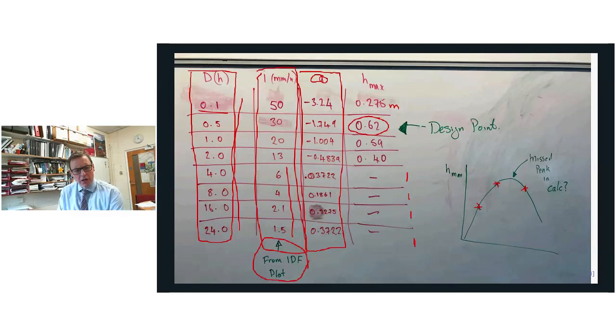The thing to note here is that by plotting Hmax against duration, you end up with this curve, and in class we spotted that this point here was the highest point. But of course what the curve tells us is that it's not the highest point, that the highest point might be in here, and that's not a data point that we've picked in the charts.